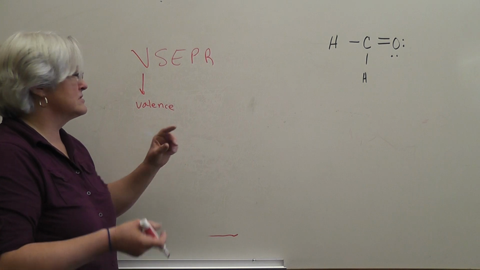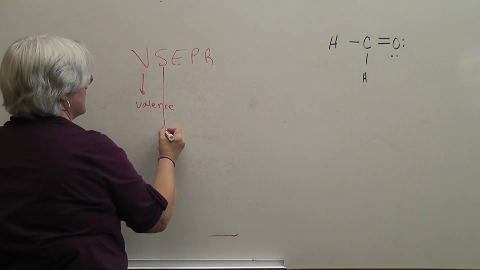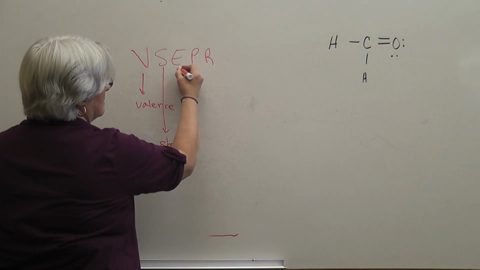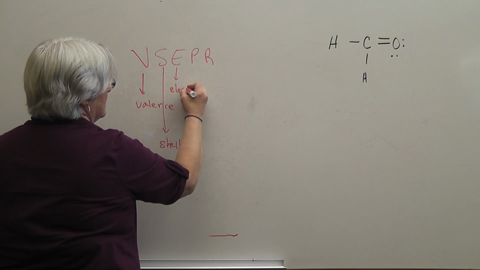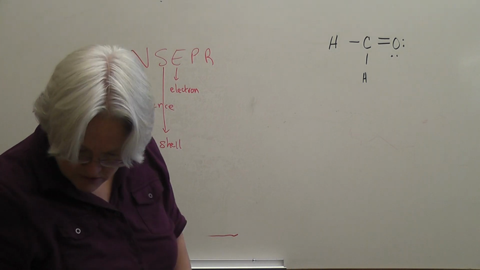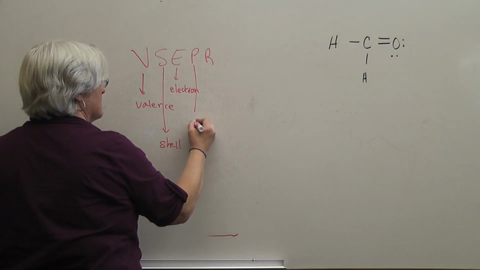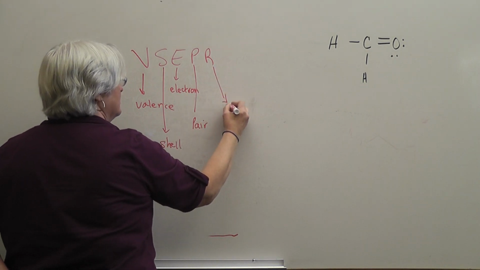It's the outside, which is sort of like the shell. So it's valence shell electron, and now of course I forget what the P is. Pair. Repulsion.